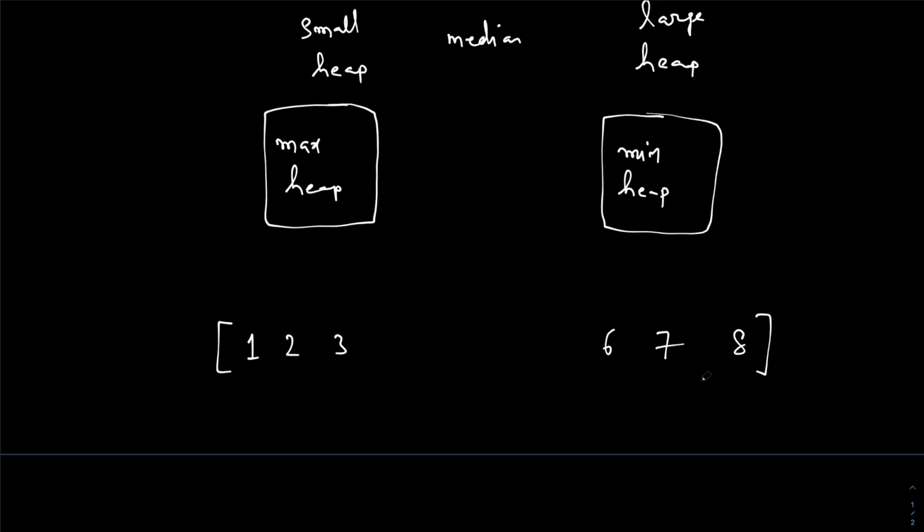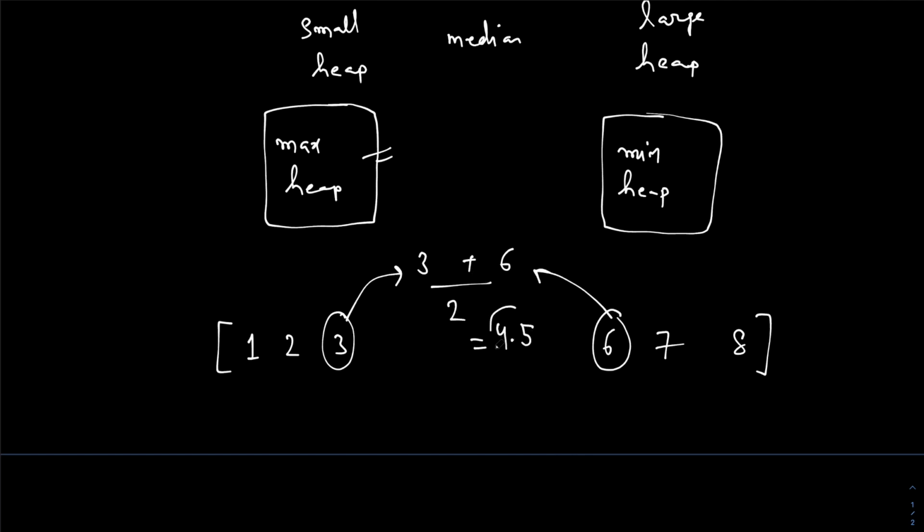Now we have to find the median. A max heap always returns the max value, so this will return 3, and a min heap always returns the minimum value, so this will return 6, and we just have to add and divide, and that's going to be our median. That's why we are using this.